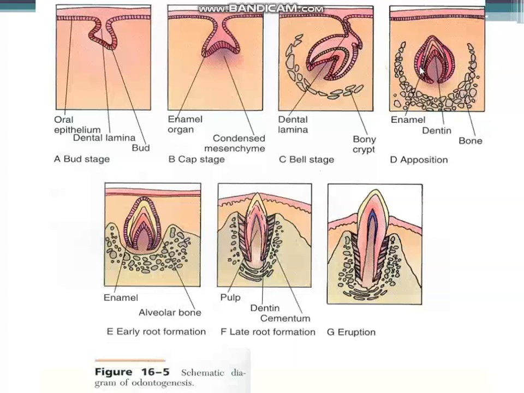So if ameloblasts produce enamellum in a downward direction, the odontoblasts produce dentinum in the opposite direction, so upward, and so the dentinum and growing enamellum will meet each other, and they will establish the dentino-enamellum junction, and this stage will be called the oppositional growth stage.